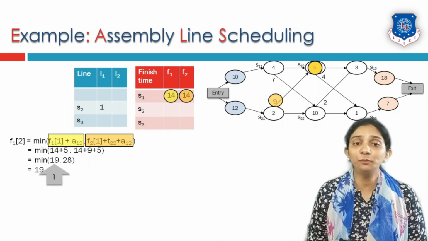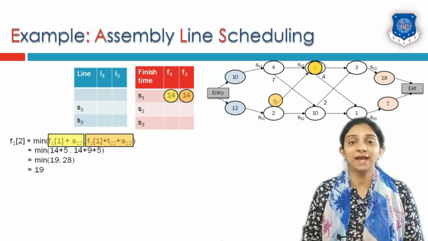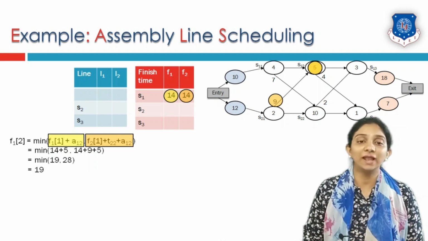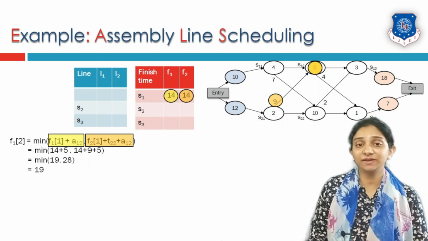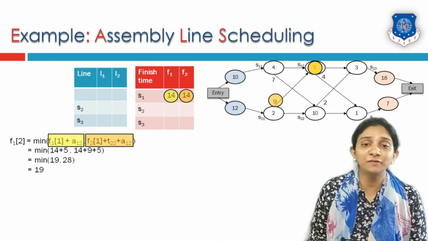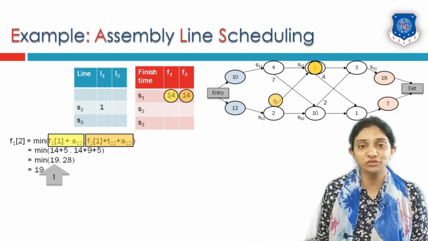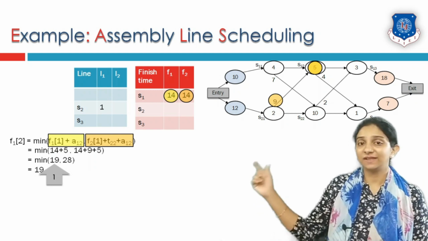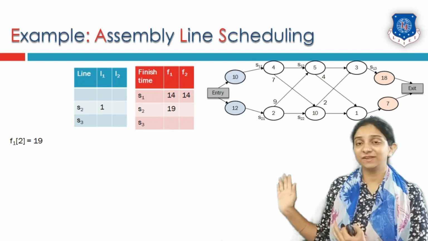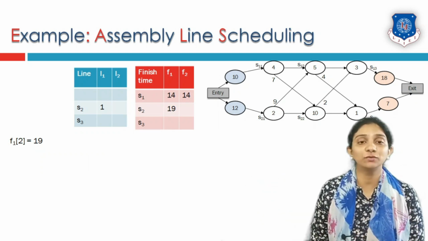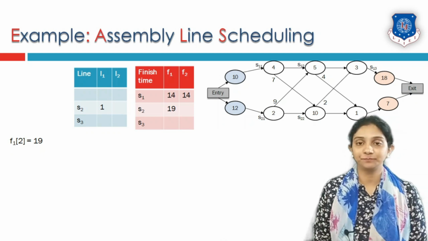That is equal to the minimum of 19 and 28, whose minimum value is 19. But is this 19 the first component inside the minimum function or the second component? Of course, this is the first option that we have chosen. So inside S2 line 1, we are going to make an entry of 1, and then in the same cell, we are going to make an entry of 19 that we have just calculated.